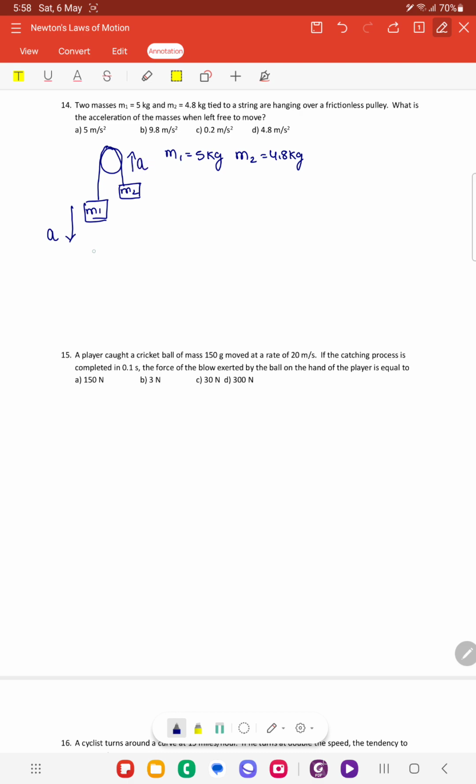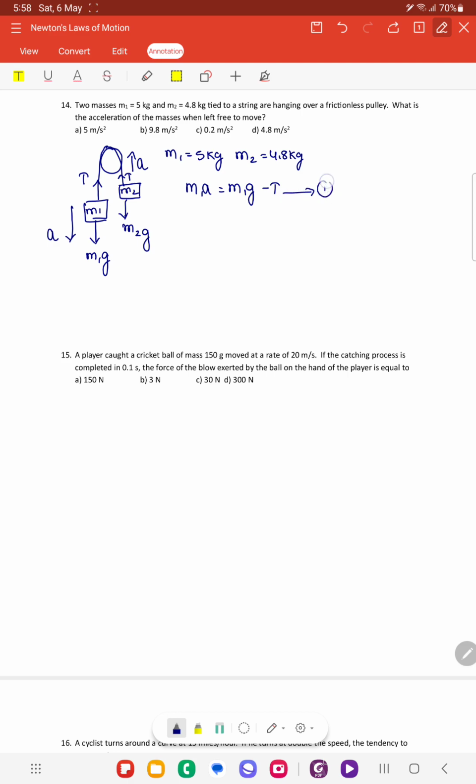acceleration a. So when you consider m1 here, the weight acts in a vertically downward direction, m1 into g, and the tension is upwards, that is T. So writing the equation for the mass m1, the net force m1 into a is equal to m1 into g minus T. When you consider the second mass m2, the weight acts vertically downwards, m2 into g, and the tension is T, acceleration is upwards.